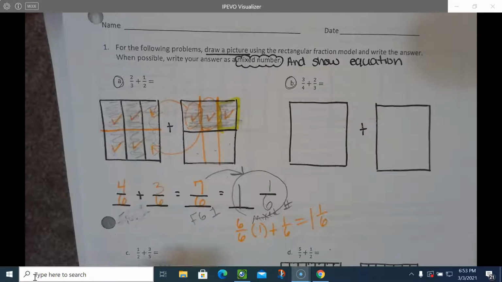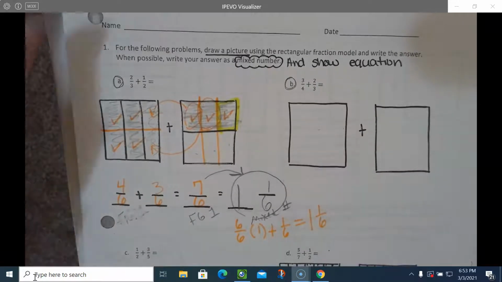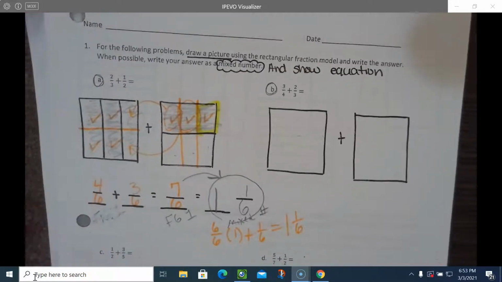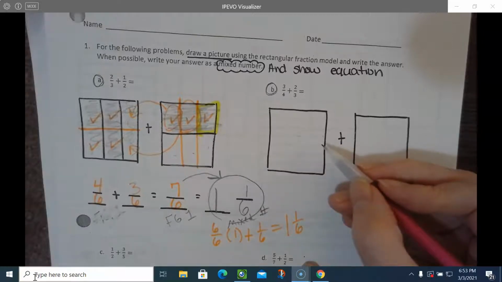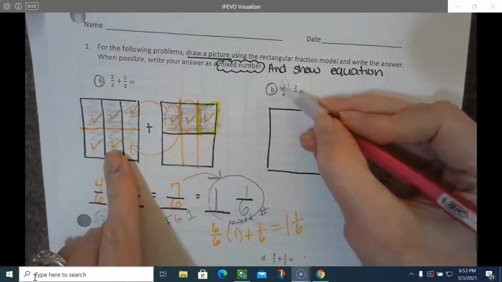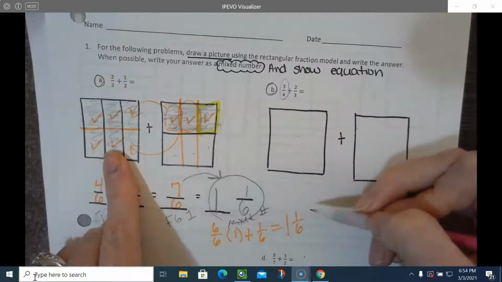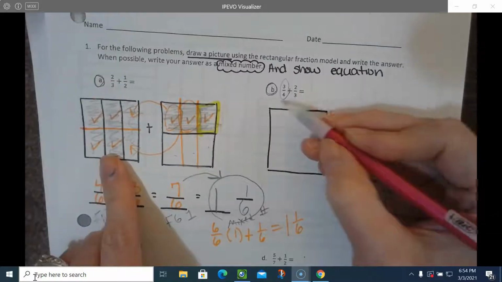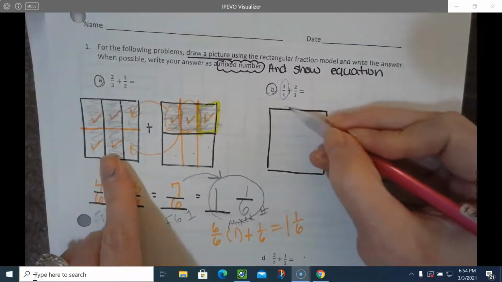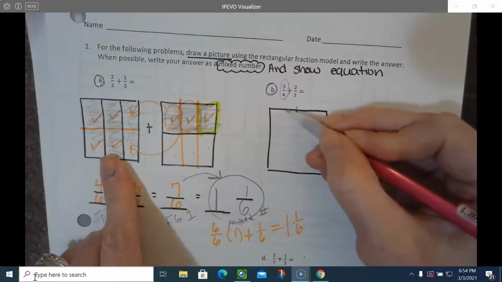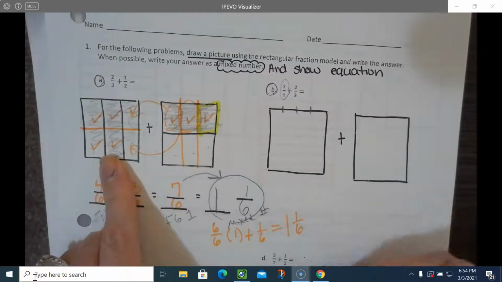All right, now we're going to go ahead and do this one right now. Looking at this one, we need to do the partitioning. So when we look at that first fraction, we are going to partition it going vertically. So let's take this and partition it into fourths. So I split it in half and then fourths again.